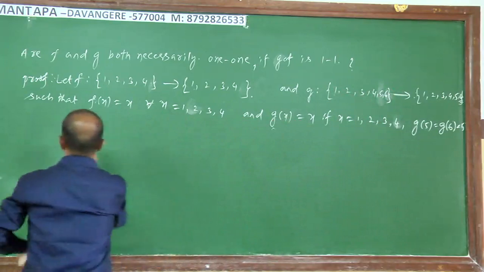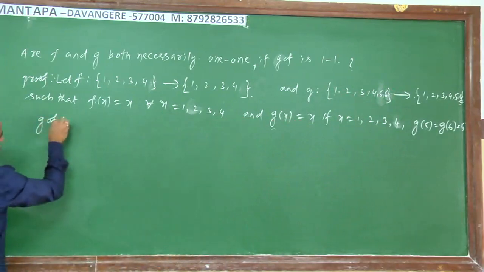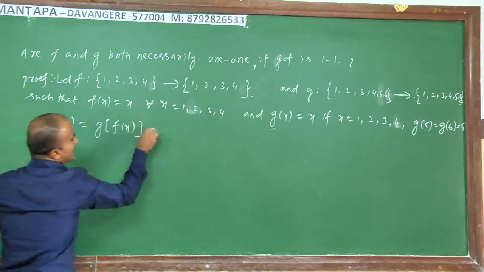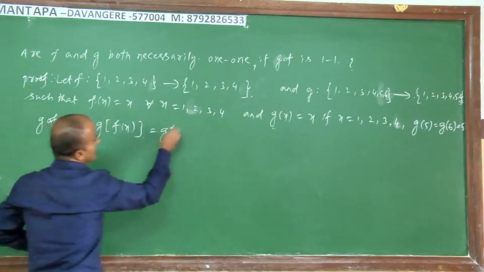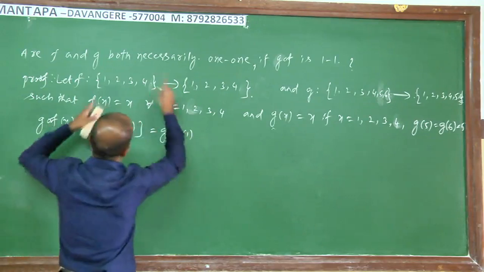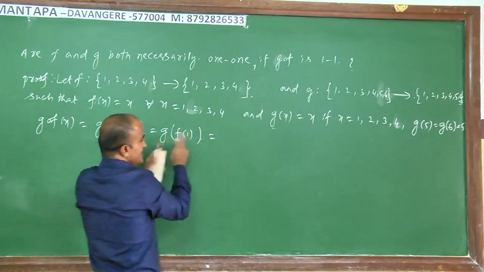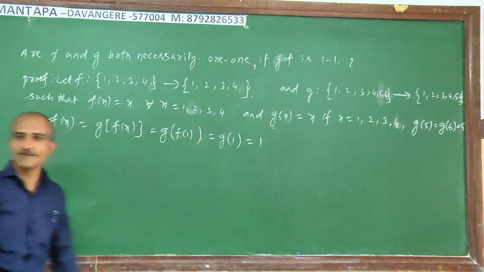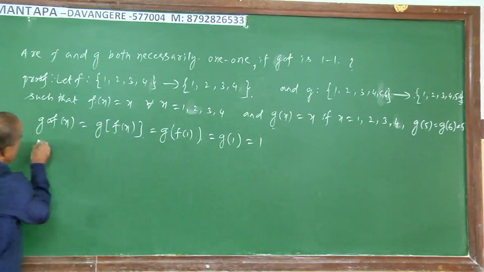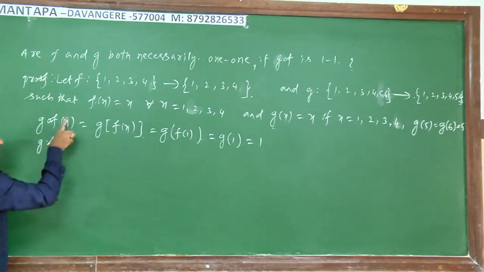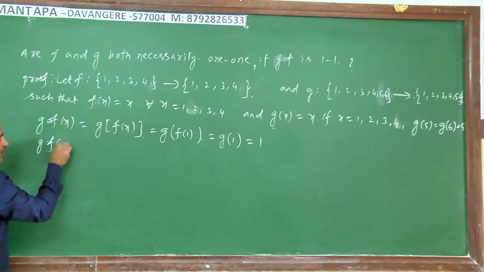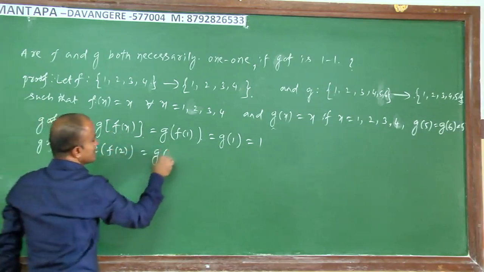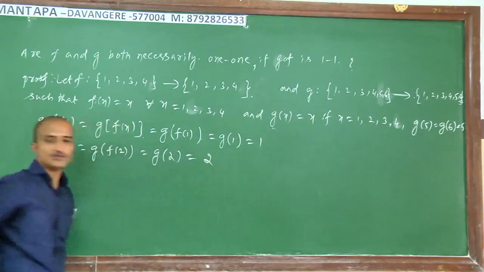We shall find g∘f of x. g∘f of x means g of f of x. If you take g of f of 1, that will be g of 1, where g of 1 is 1. Now we find g∘f of 2: g of f of 2 is g of 2, where g of 2 is 2.